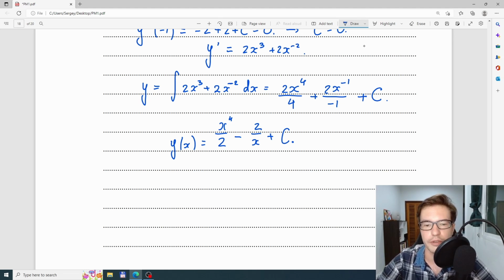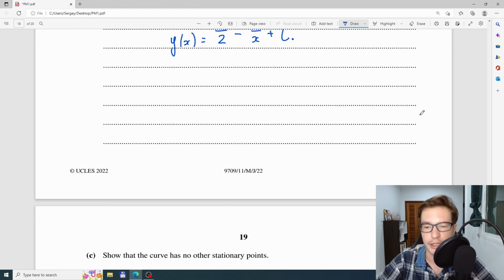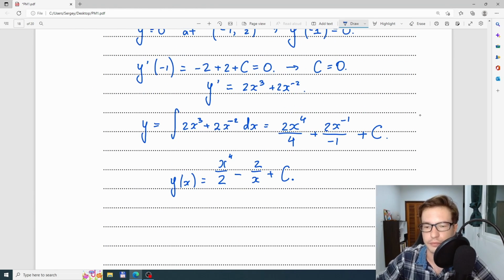And how do we find the value of c? We'll have to substitute the point minus 1 and 9 over 2 into the equation. So we'll get 9 over 2 equals 1 over 2 plus 2 plus c.